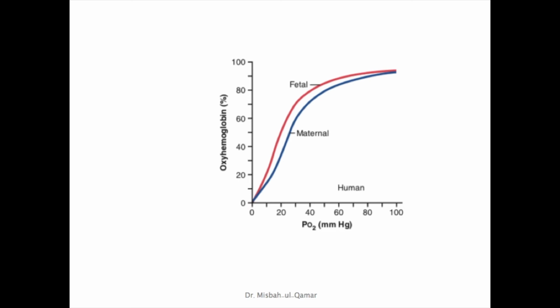You see, the Bohr shift operates in one direction in maternal blood and in the other direction in the fetal blood. These changes cause the fetal blood's capacity to combine with oxygen to increase and that of the maternal blood to decrease. And it forces more oxygen from the maternal blood while enhancing the oxygen uptake by the fetal blood.